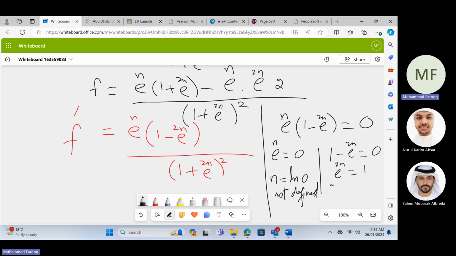So 2n is equal to 0, and n is equal to 0. Check the domain. Negative 1, yes, you're right, because it is a negative sign. Oh, I'm sorry.